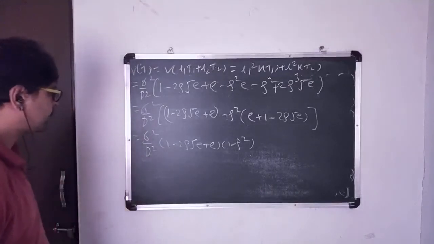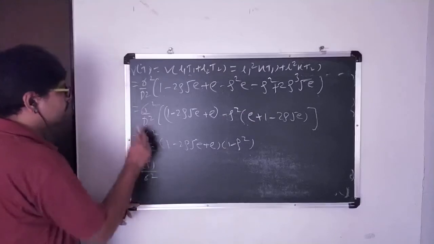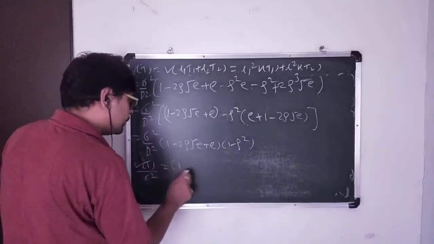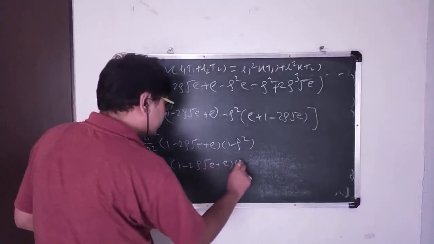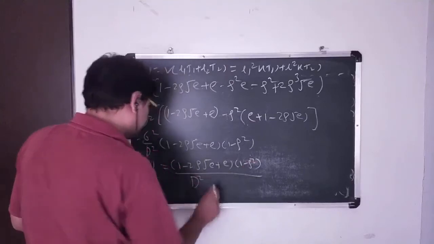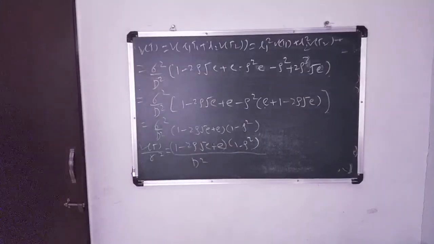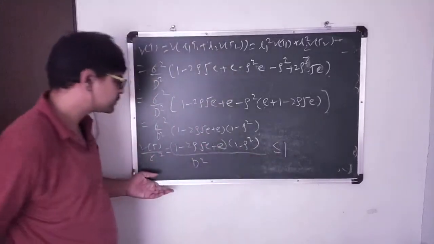So variance of T divided by sigma square is equal to 1 minus 2 rho root E plus E into 1 minus rho square divided by D. So this ratio is less than or equal to 1.